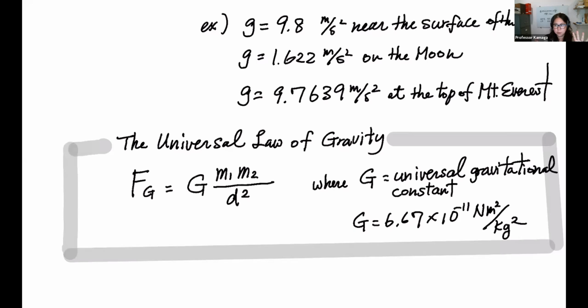G m1 m2 divided by d squared, where d is the distance between the two objects, squared, inverse square.